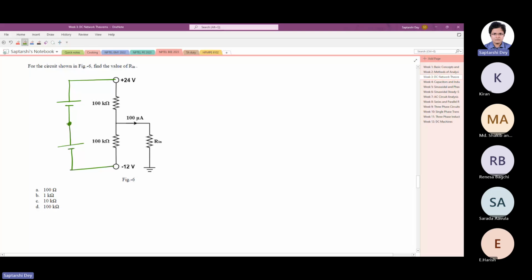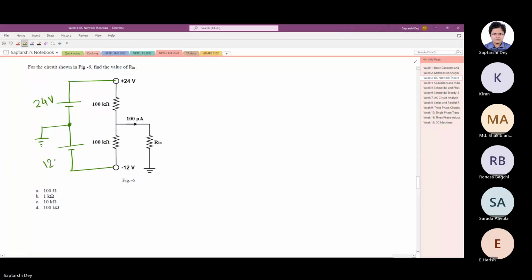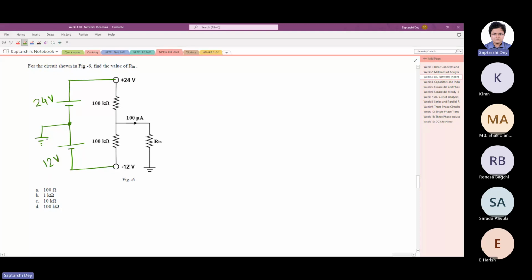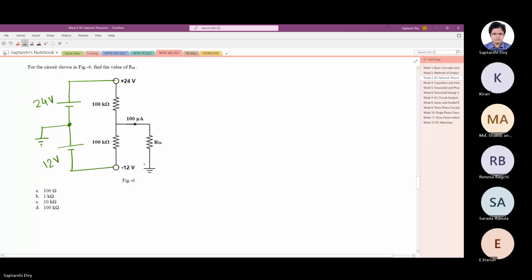In reality, we develop plus and minus voltage in this fashion only. 24 volt, 12 volt. This ground that I have drawn here and this one, they are the same.